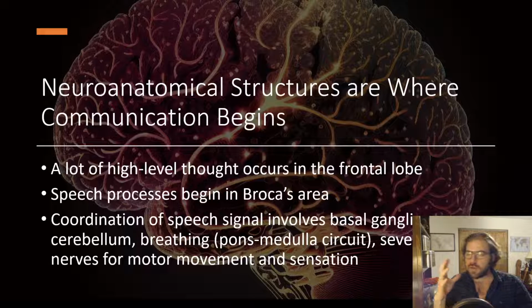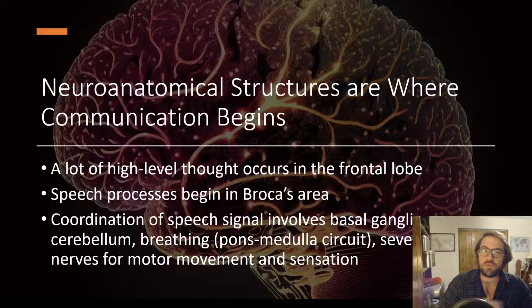And then we've got coordination of speech for the rest of the body. Once we already know what we're going to say, when it comes out of us, that requires coordination with the basal ganglia, the cerebellum, breathing, which is of course going to include that pons medulla circuit, and then several cranial nerves also for movements of the face and also eye movements too.